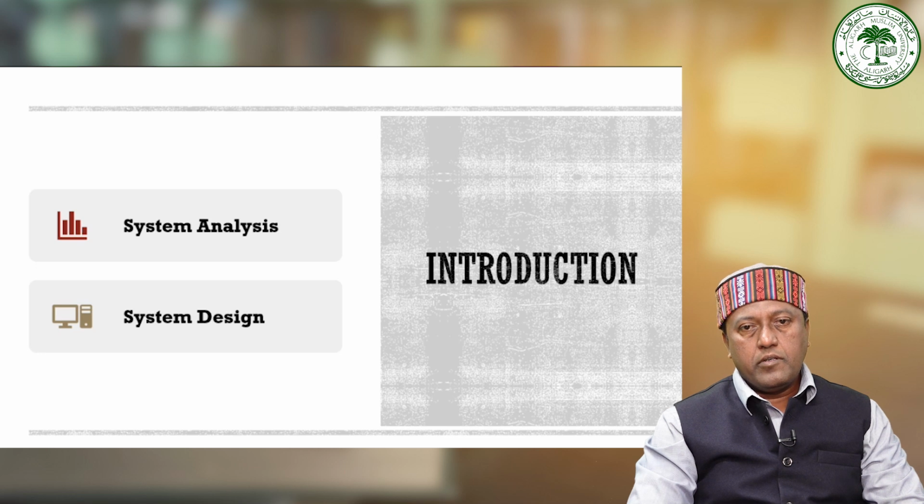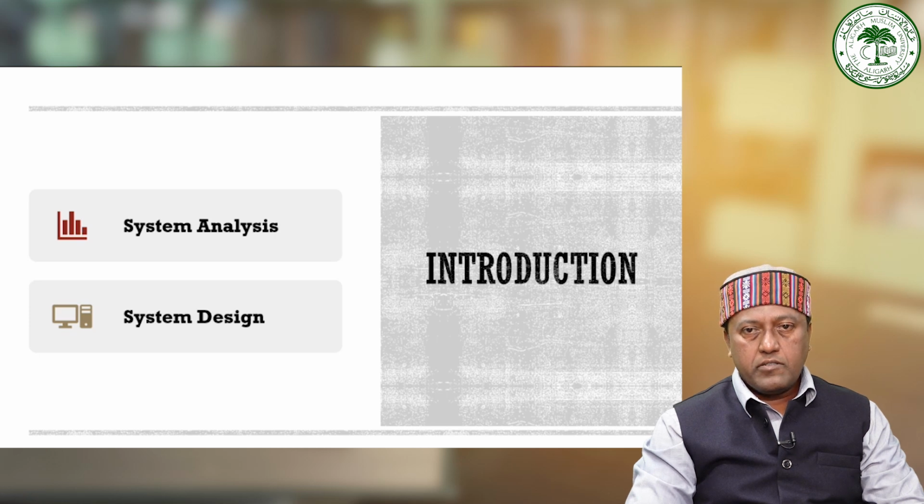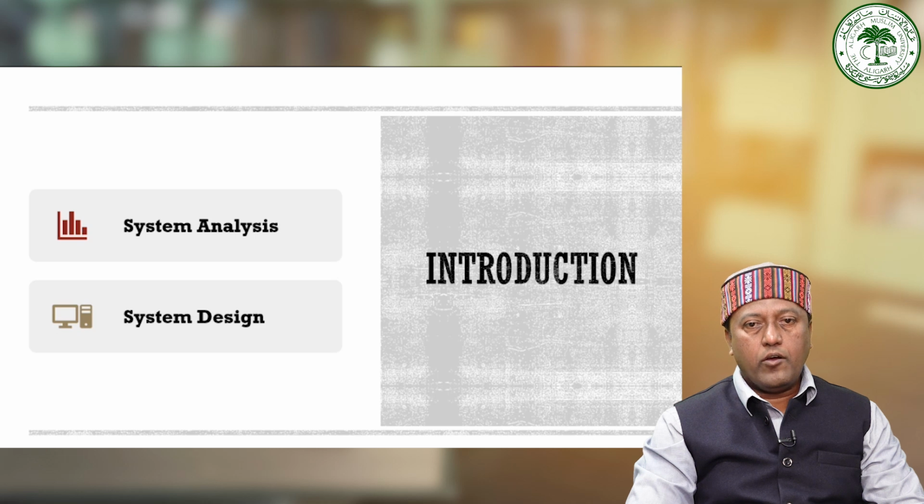This phase involves studying existing systems, identifying problems or inefficiencies, and gathering requirements for the new system. It includes techniques such as interviews, surveys, and observations to understand user needs and organizational objectives.